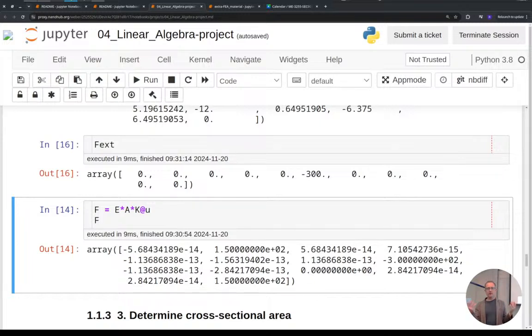They're all 0, but not quite 0 because we're doing computer math on it, so we're adding a little bit of error. So 0, 150, and then 0, 0, 0, 0, 0, negative 300 applied, 0, 0, 0, 0, 0, and then another 150. So we have 150, 150, and 300 in the middle. It makes sense, at least from what I would do with hand calculation.